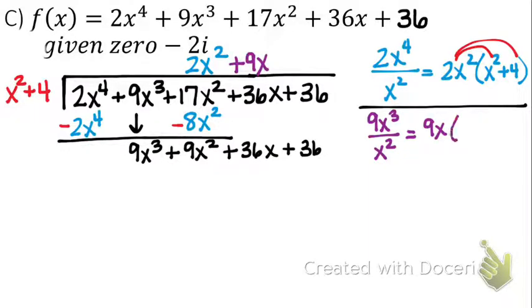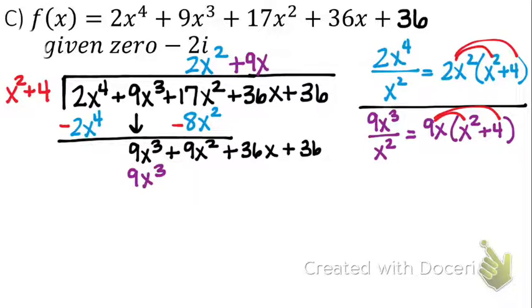And then take that 9x and multiply it by x squared plus 4. So 9x times x squared is 9x cubed.